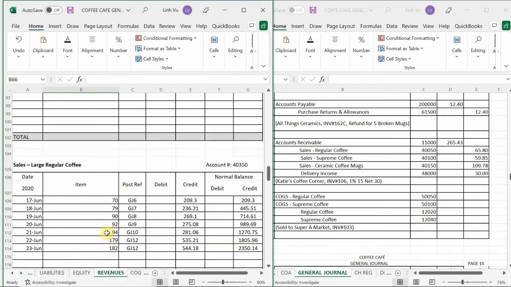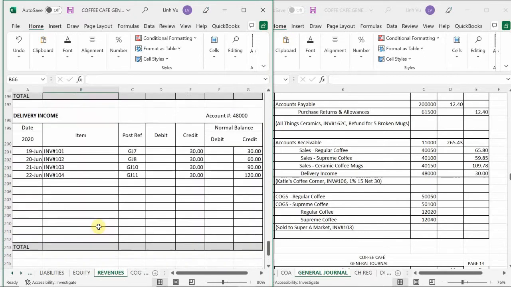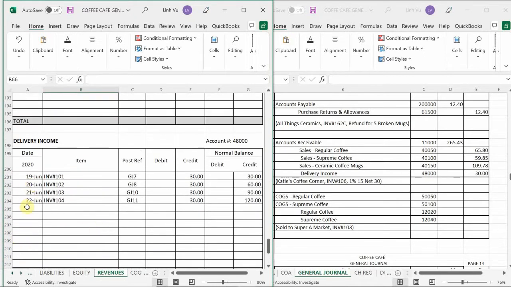And delivery income, that's 24th, invoice 106, page 13, $30 credit for $150.